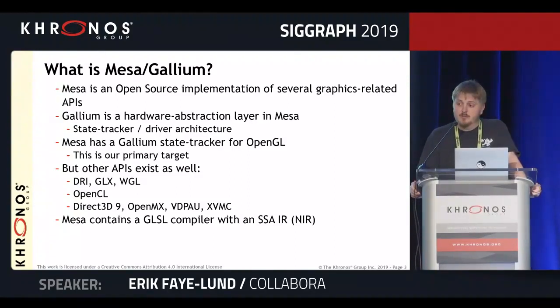Some of them are useful for us, like DRI, GLX, and WGL. OpenCL, and DirectX 9, and various video APIs. Mesa also contains a GLSL compiler, which is of proper high quality, and spits out an SSA intermediate representation called NIR.